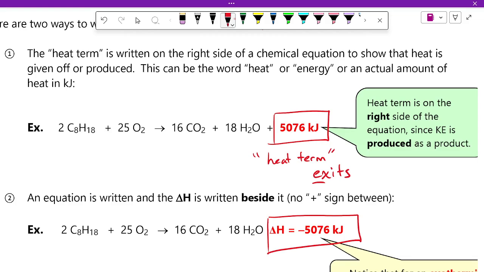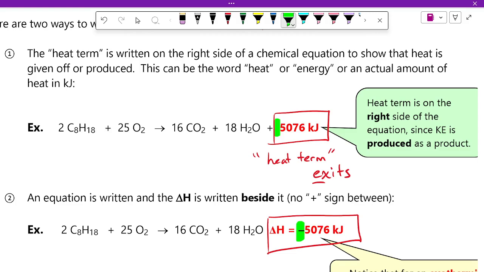Now, I want you to notice delta H has a negative sign. Does our heat term have a negative sign? No, because it's coming out.